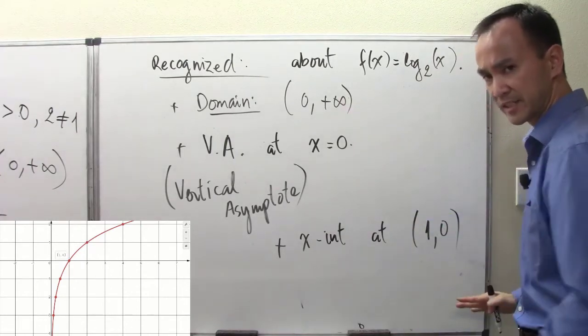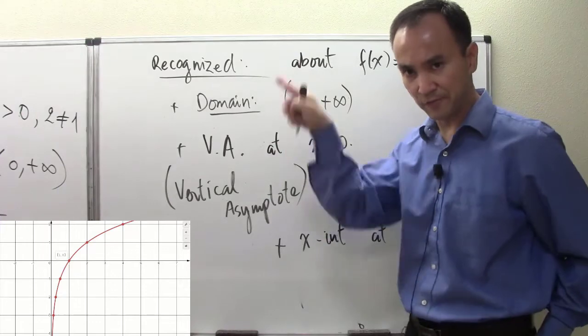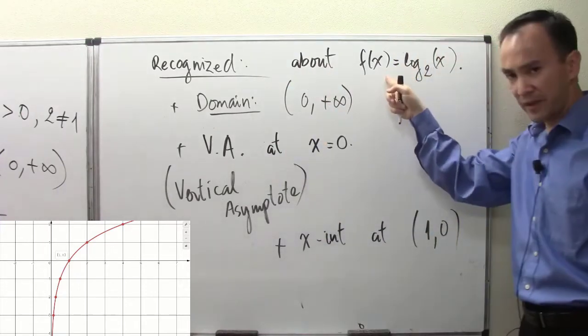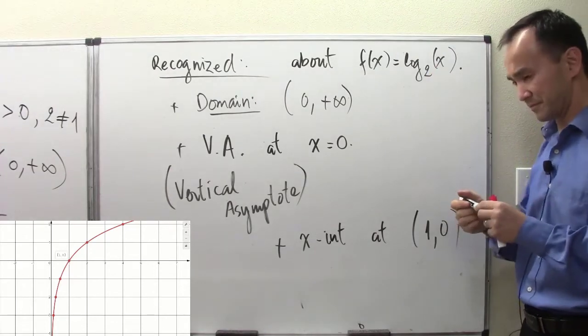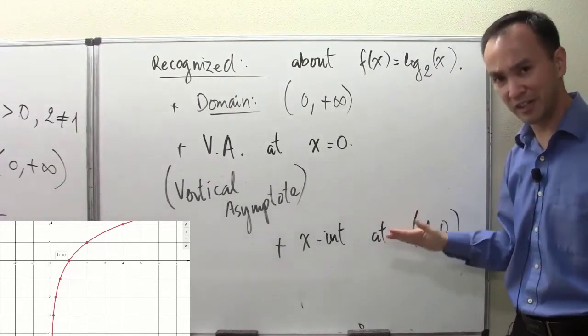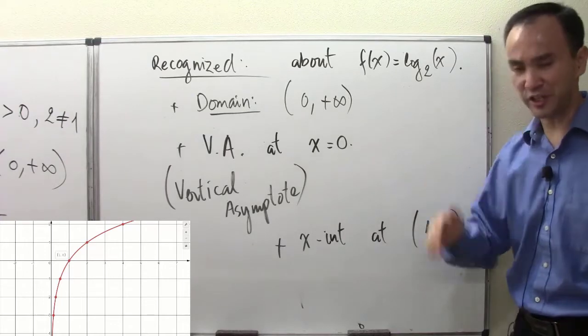Three characteristics that we recognize right out from the graph for this specific function, f of x equals log base 2 of x. So this is now really the end of the story for this particular function.